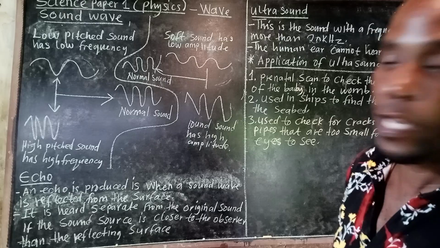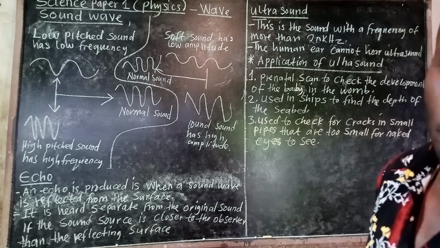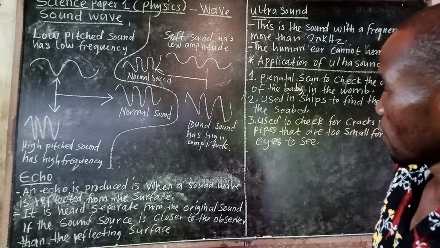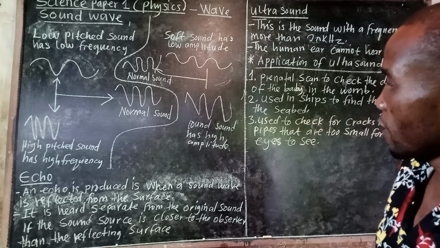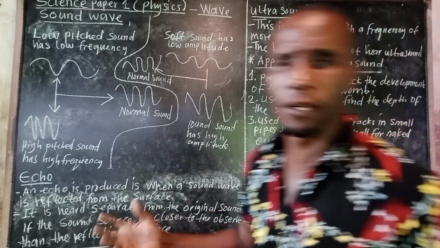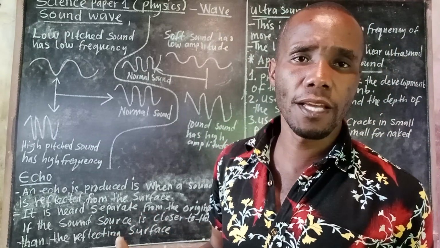So now we can quickly go to echo. An echo is produced when a sound wave is reflected from a surface. So when the sound wave is reflected from the surface, there is an echo.